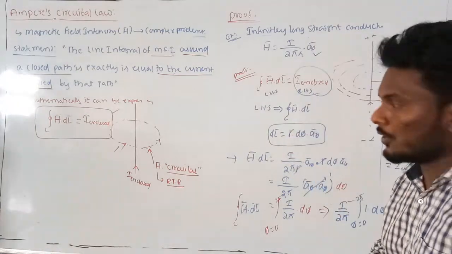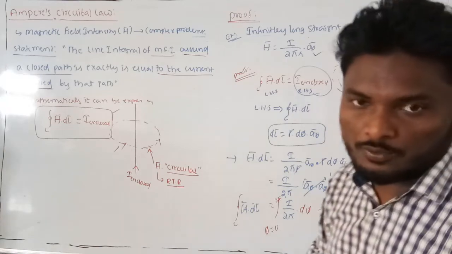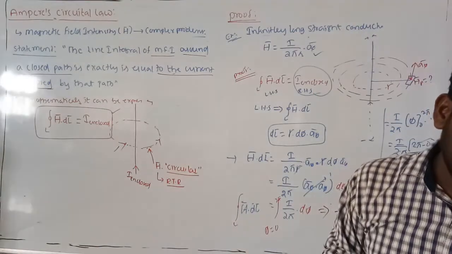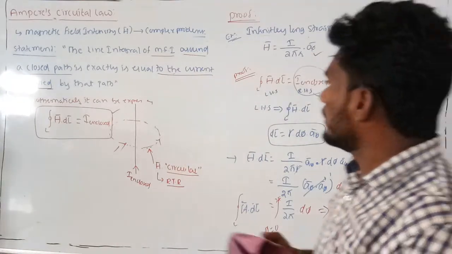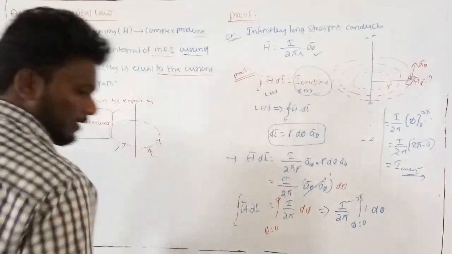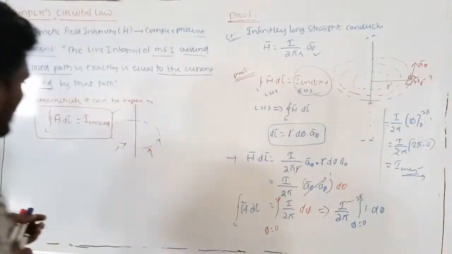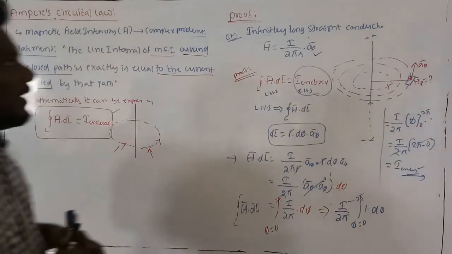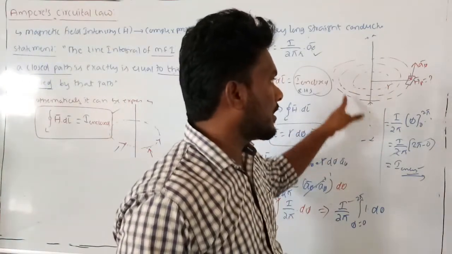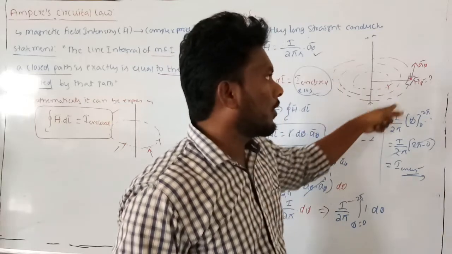This is a very important question from your examination point of view. Now, there is a key point here, so all of you note it down. Whenever I am proving the Ampere circuital law, I have taken a long straight conductor, and for this long straight conductor I take a closed path.